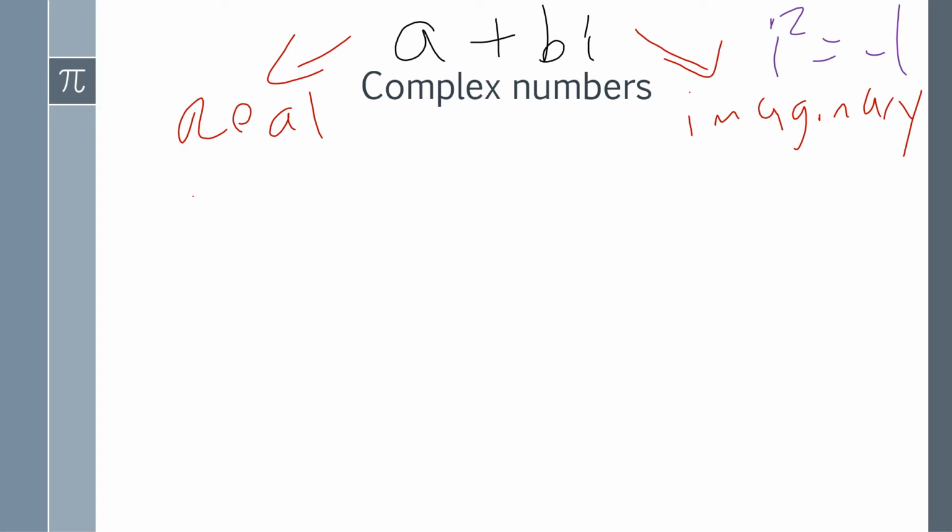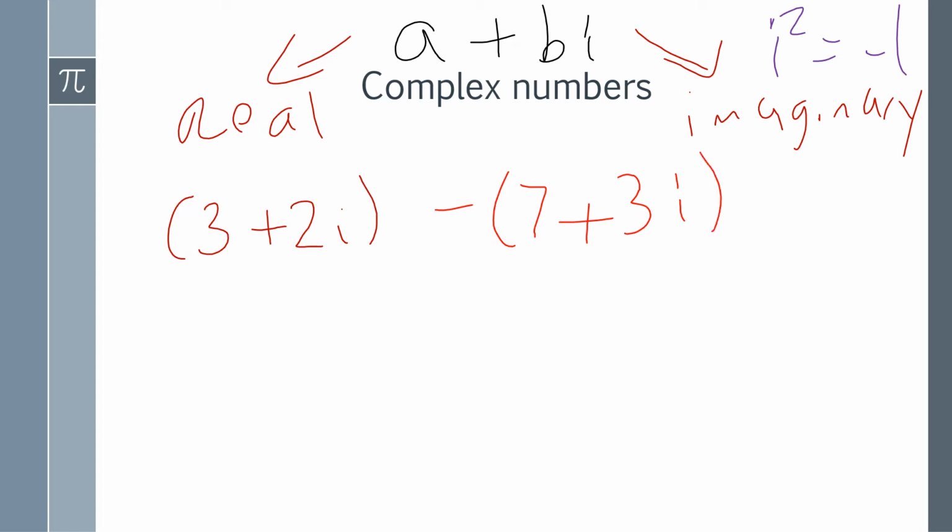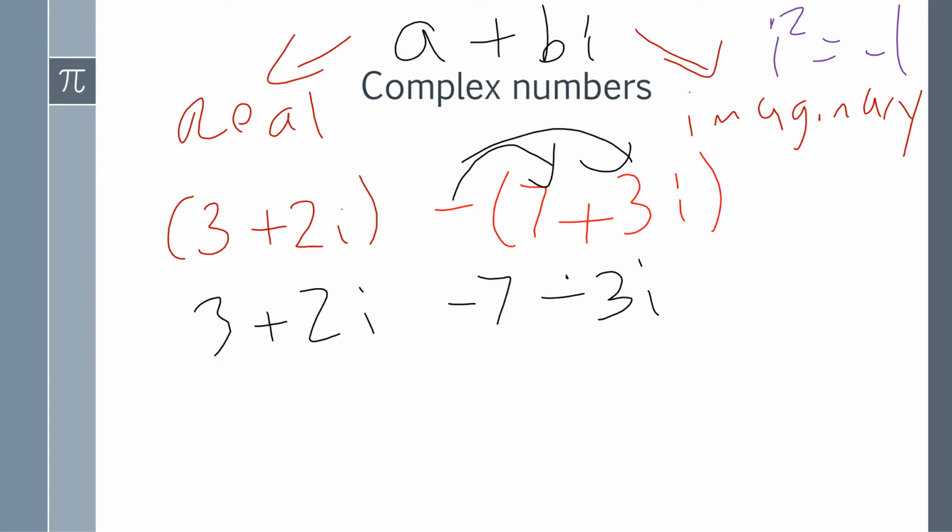So let's do it. 3 plus 2i minus 7 plus 3i. So you know for a fact, distribute this, you get -7 minus 3i, and you get 3 plus 2i.